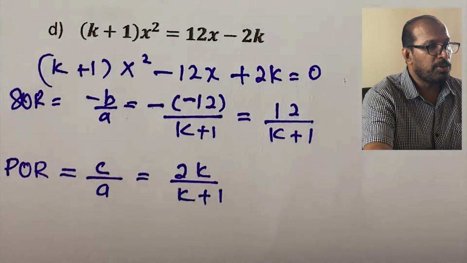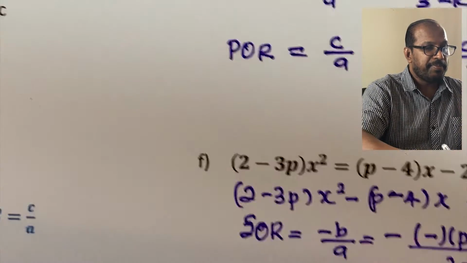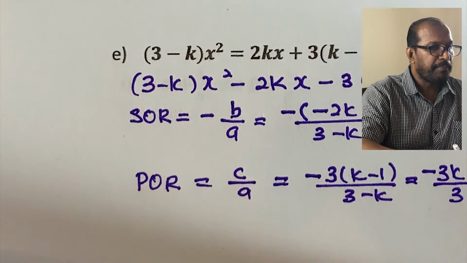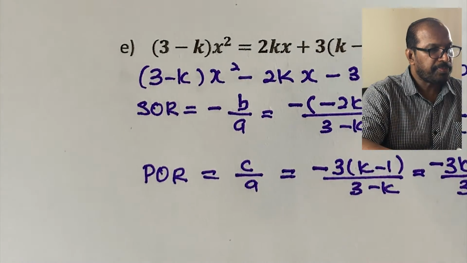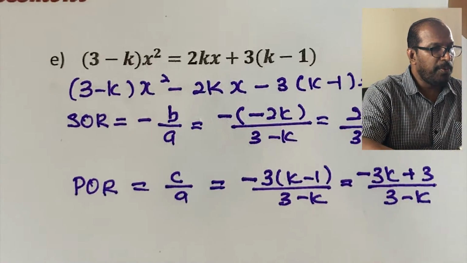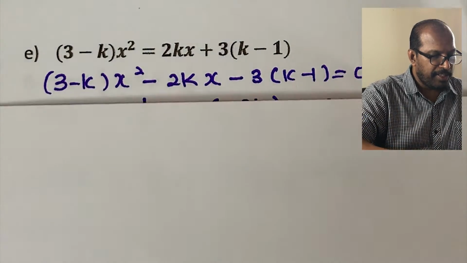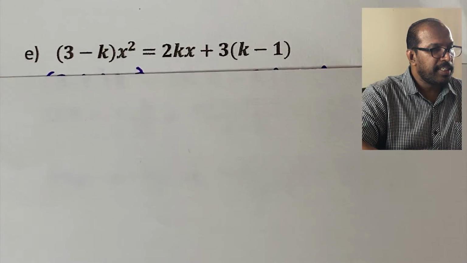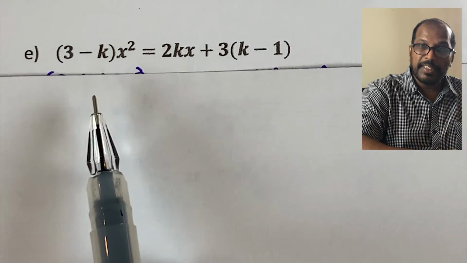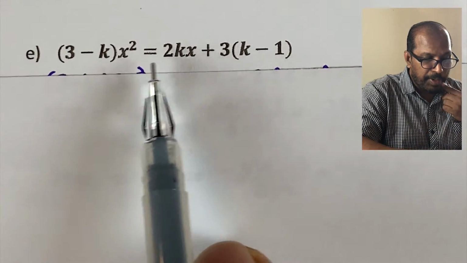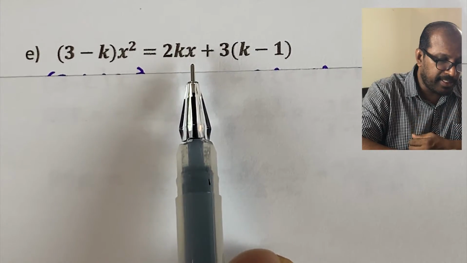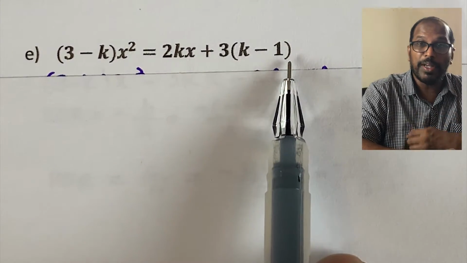Now we are moving on to section E. If you look at E, the question gives you (3 minus k)x squared equals 2kx plus 3(k minus 1).